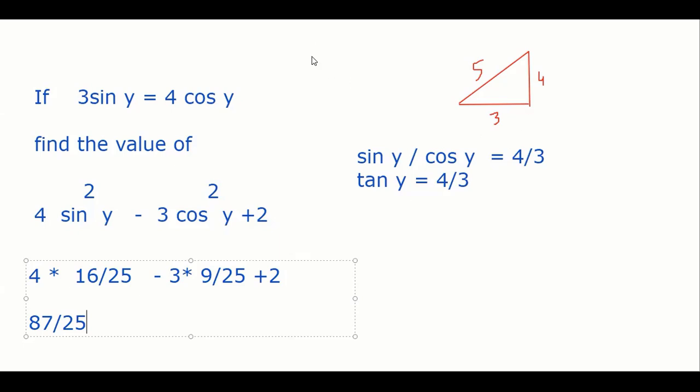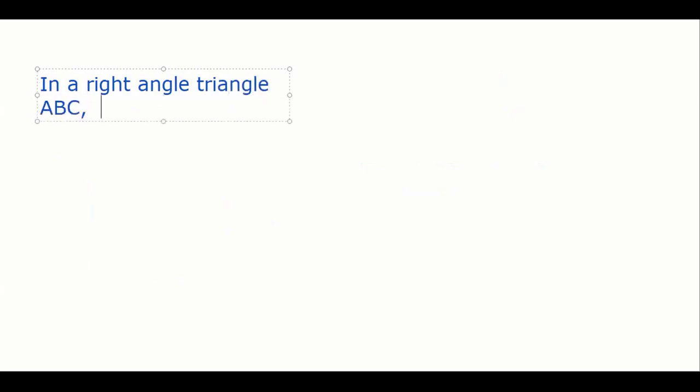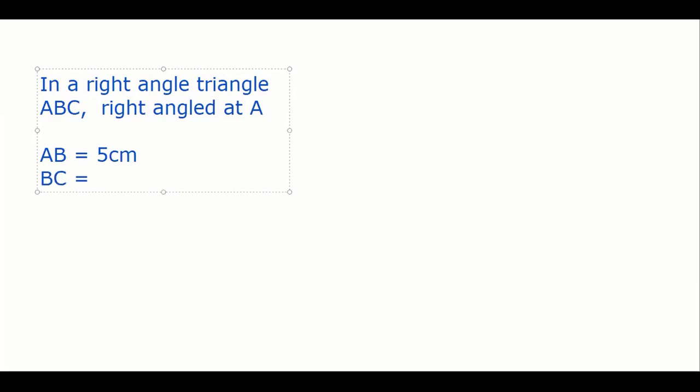Suppose in a right angled triangle, right angled at A, AB is given as 5 and BC is given as 12 centimeter.